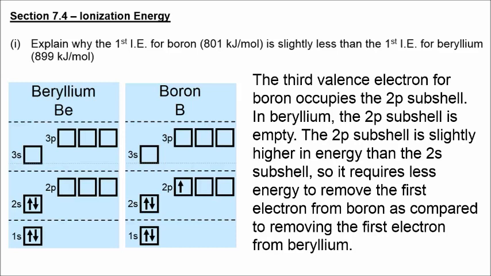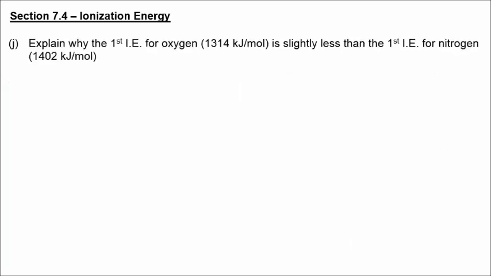So if the 2p is slightly higher in energy than the 2s, it's going to require just a little bit less energy to remove the first electron from boron as compared to removing the first electron from beryllium.